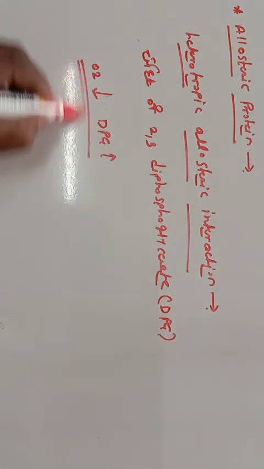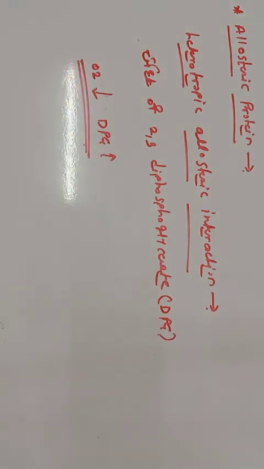So whatever the effect of H+ ions and CO2, the effect of 2,3-diphosphoglycerate, that is DPG, is similar. When the concentration of DPG increases, the affinity of O2 for hemoglobin decreases, because in the active tissue the higher concentration of DPG stimulates the release of O2 from oxyhemoglobin.